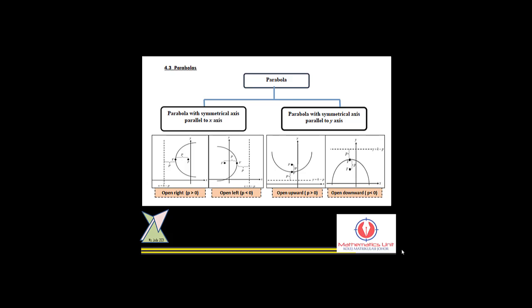For example, when it's parallel to the x-axis, the formula of the parabola is the following. When y is squared, it will give you a parabola which opens left or right based on the p value. When p is greater than 0, it will open to the right, and the other way around.